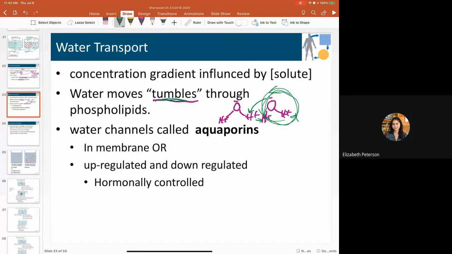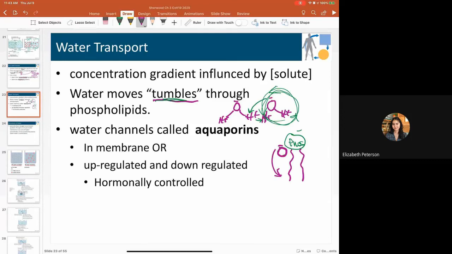As it gets close to the negative charge on the phosphate head, the positive charges attract, and as the oxygen gets close to the phosphate, that's going to repel, and that's going to continue it tumbling into the lipid part of the phospholipid.